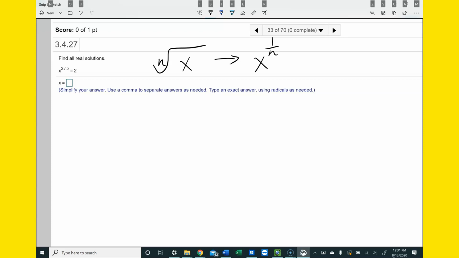So the index of the radical can be written as part of the exponent if you write that index in the denominator of the exponent. Let's say we had the nth root of x to the m. Then we could just rewrite that as x to the m over n, and that's the same exact thing.